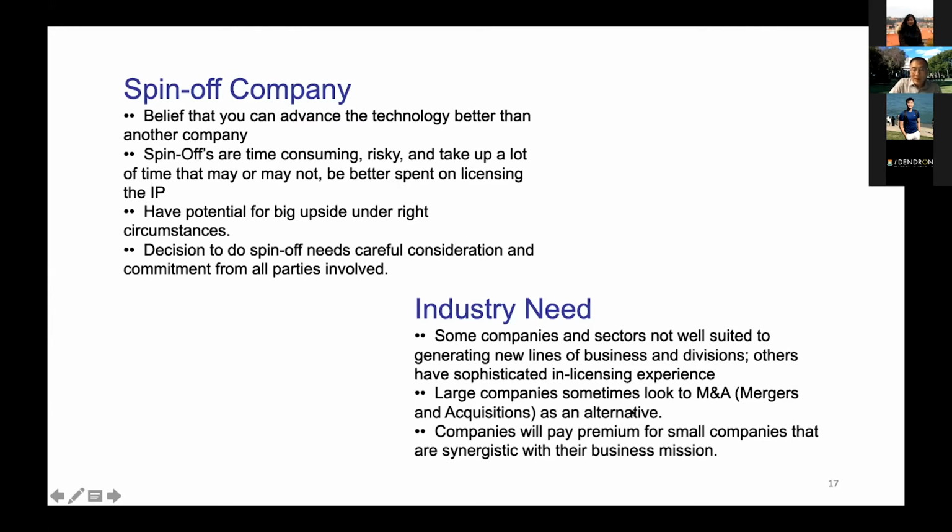And also large companies sometimes look to M&A, that means mergers and acquisitions, as an alternative. And also large or mid-sized companies will pay a premium for small companies that are synergetic with their business mission. All those factors need to be considered.